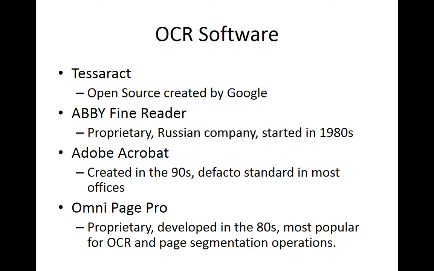It was developed by Google when they were doing the Google Books project, which, from what I understand, they've more or less abandoned. They did scan millions of books, and if you search Google Books, you will find a lot of the books they digitized and OCR'd, and the OCR software they used was Tesseract. Sometimes it's called OCR hyphen Tesseract. It's free, open source. We can download it and do whatever we want with it.